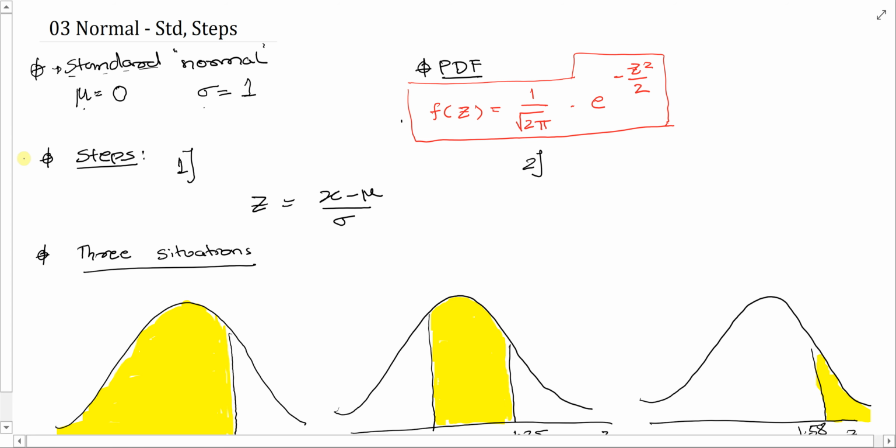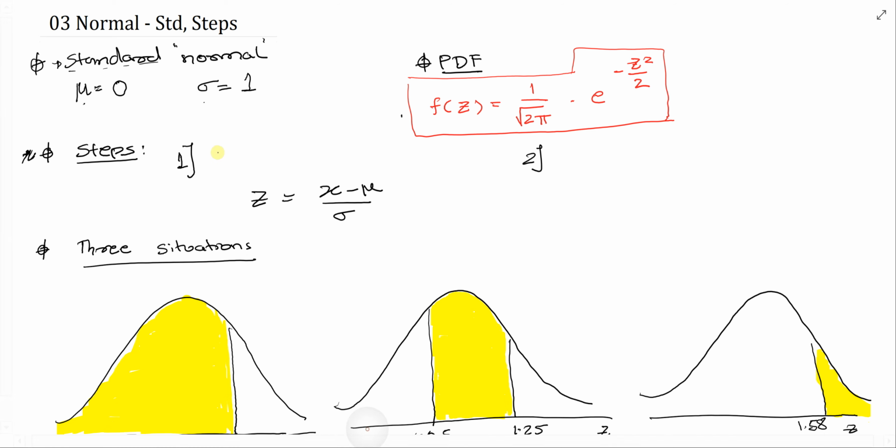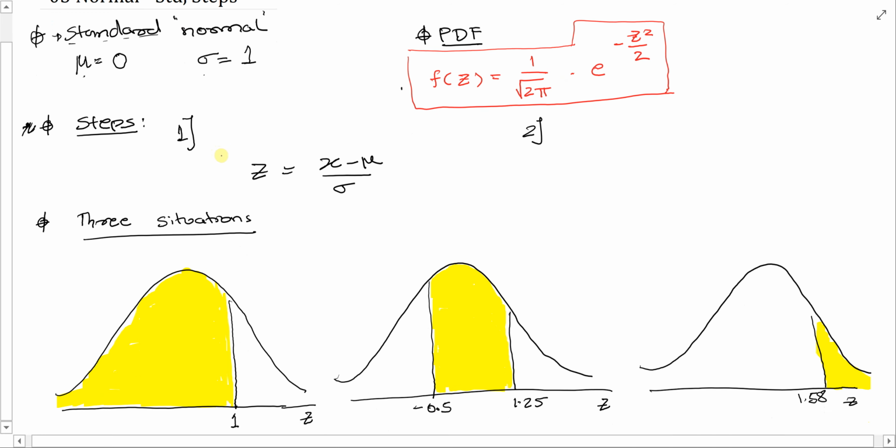So when you have any x, the first step to understand the probability space of that x random variable is to convert this x to a standardized value. Each x will have its own standardized z value.